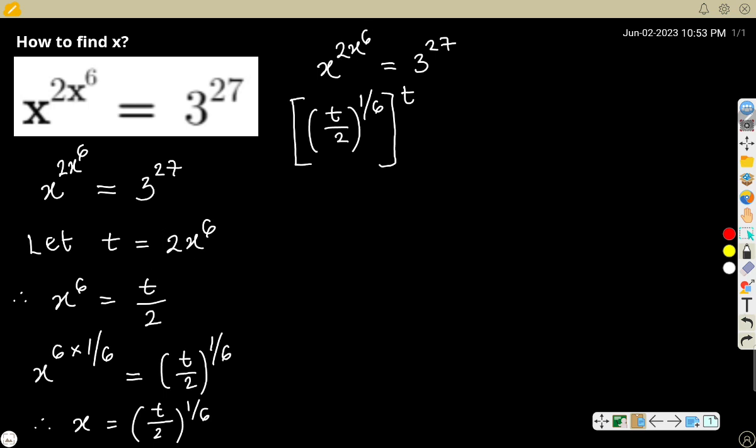Which is equals to 3 raised to power 27. So now this is the same thing as t over 2 raised to power t over 6. So it's equals to 3 raised to power 27.